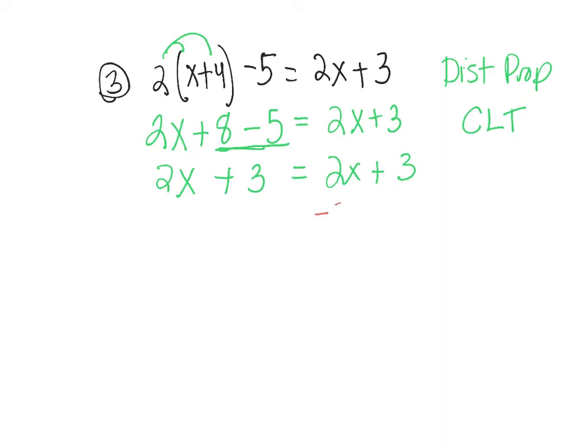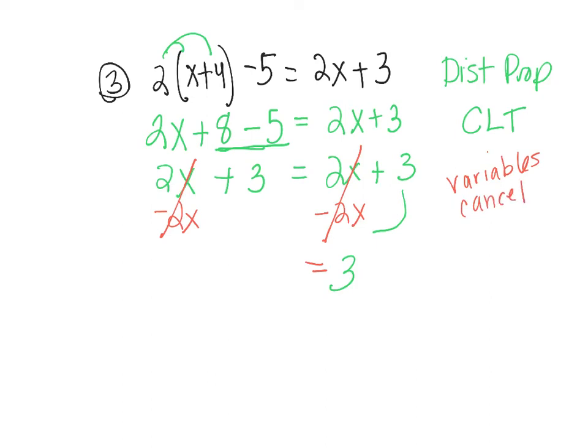If we were to subtract 2x from both sides, what would happen is the variable on the right, 2x minus 2x, is going to cancel out, and that constant of positive 3 is going to drop down. And then over here, the 2x minus 2x is going to cancel out.